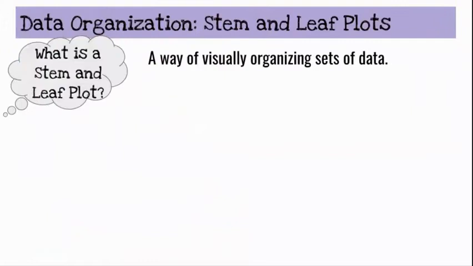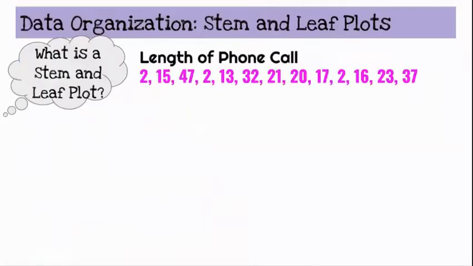So let's get back to that question of what is a stem and leaf plot? Well, the stem and leaf plot simply is a way of visually organizing sets of data. Let's pretend that I wanted to find out more about the amount of time I spend on the phone.